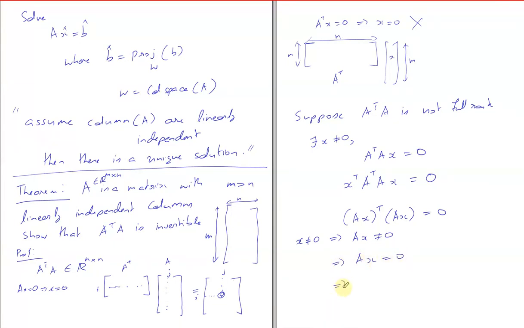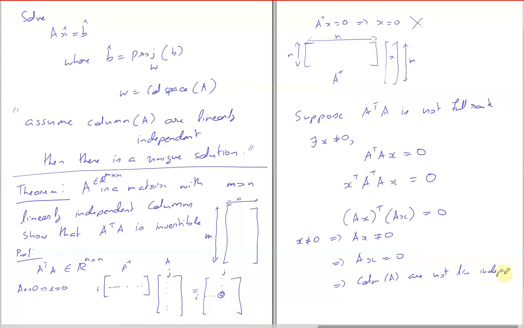That implies A is not full rank, so the columns of A are not linearly independent. You agree? Yes, sir. Which is a contradiction.